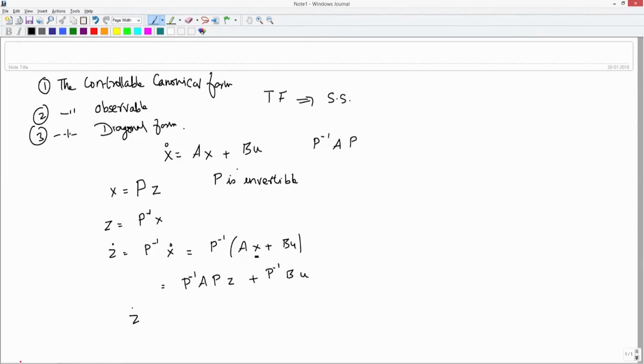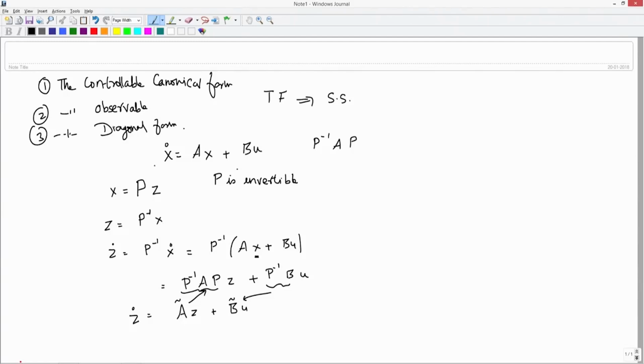So, I have a system in the new coordinates z which looks like, let me call this A tilde times z plus B tilde times u, where P inverse AP is the A tilde and P inverse B is the B tilde. Okay, so the invertibility is needed because we need the matrix to be invertible here, and you can always go back from x to z and z to x all the time.